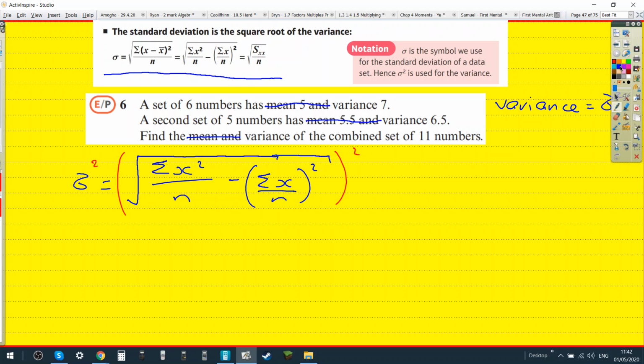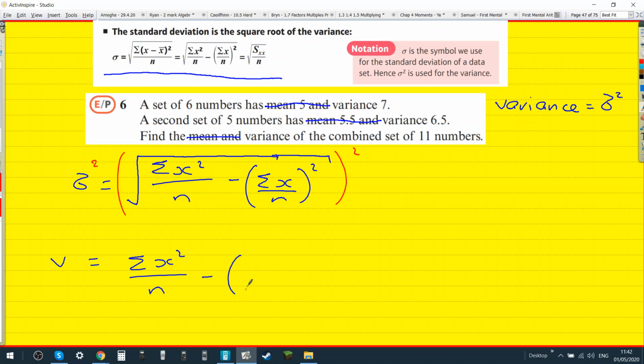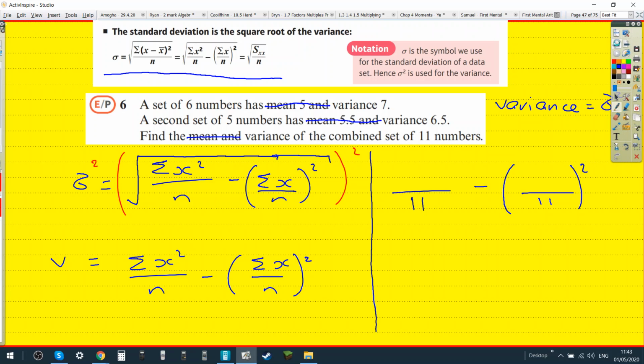And so the variance would be equal to sigma x squared over n minus sigma x over n, squared. What is n? 11. So n is 11. Do we know anything else? And this was what we did before.